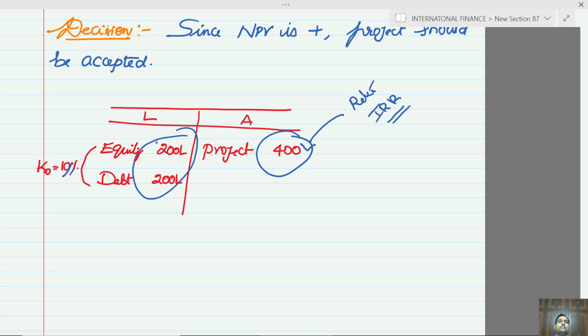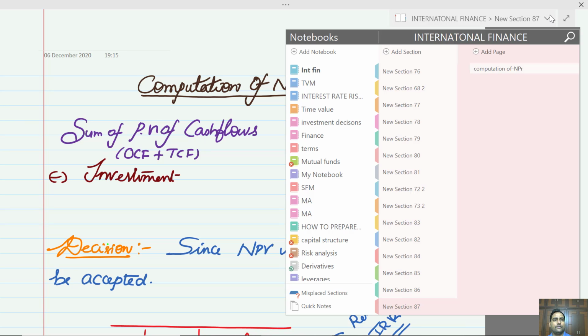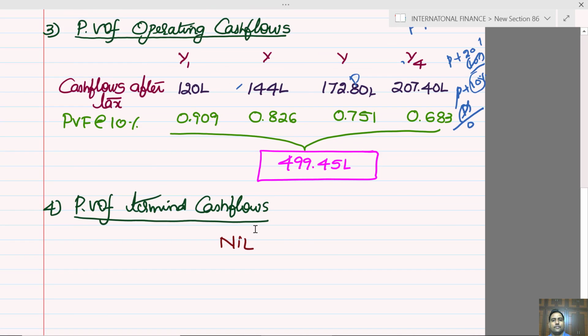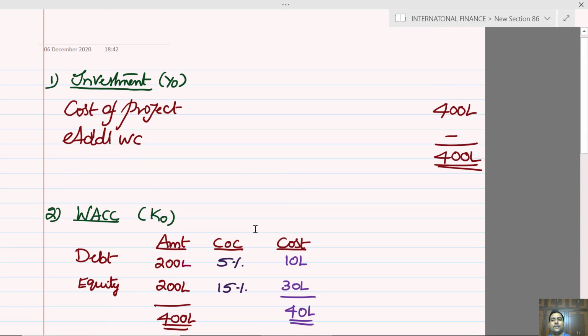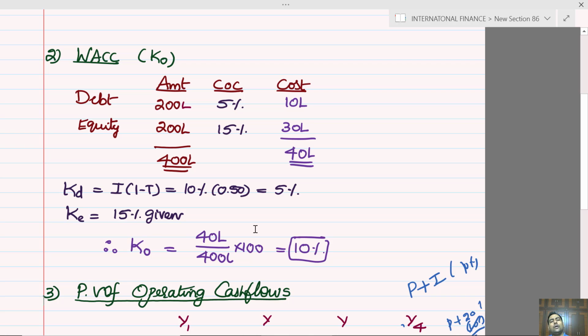But NPV evaluation has some limitations. See this? You are borrowing money at 10%, right?